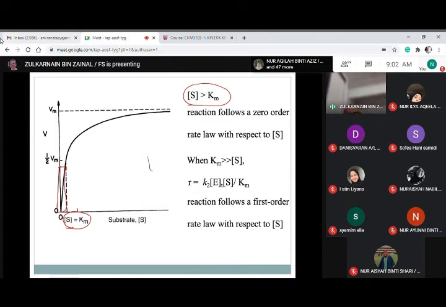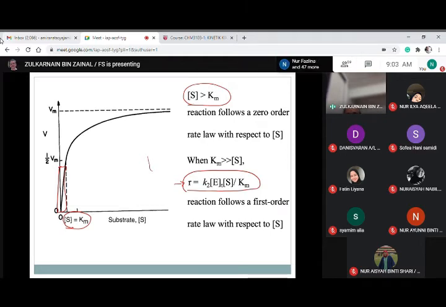And then you have concentration far larger than S, where you can do a bit of manipulation to the equation that you have seen just now, and you get this equation, where R is equal to K2 ET S over Km.